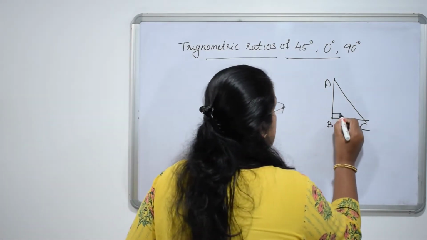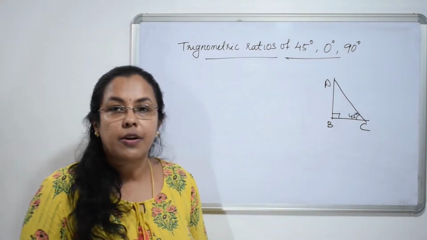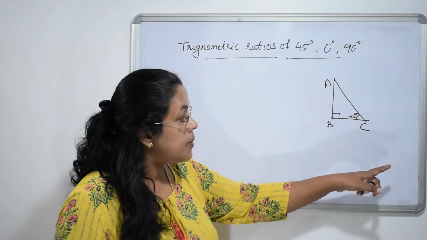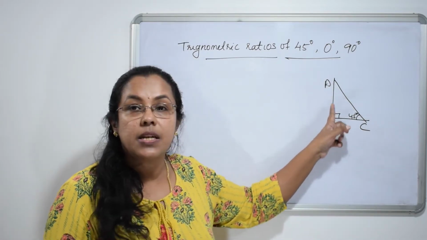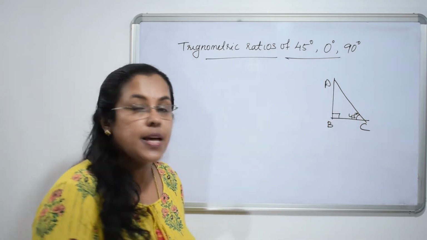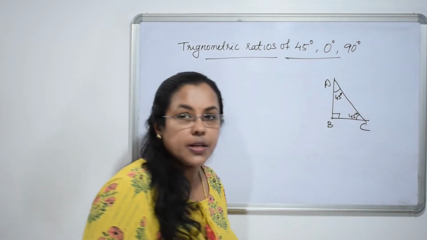Let ABC be a right triangle and angle C is equal to 45 degree. Then what about angle A? Using angle sum property, this angle is 90, this angle is 45. So what about angle A? Exactly, that angle is also equal to 45 degree.